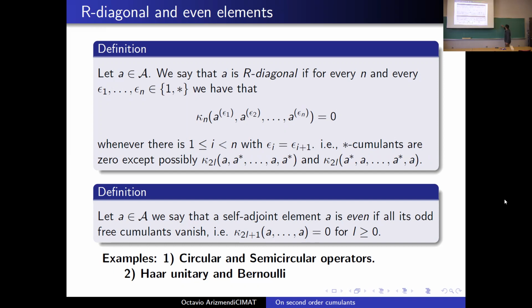So this is just a unitary u such that phi of u to the n is 0 for all n in N. This is a Haar unitary. Yeah, you should have this distribution. Negative powers as well.